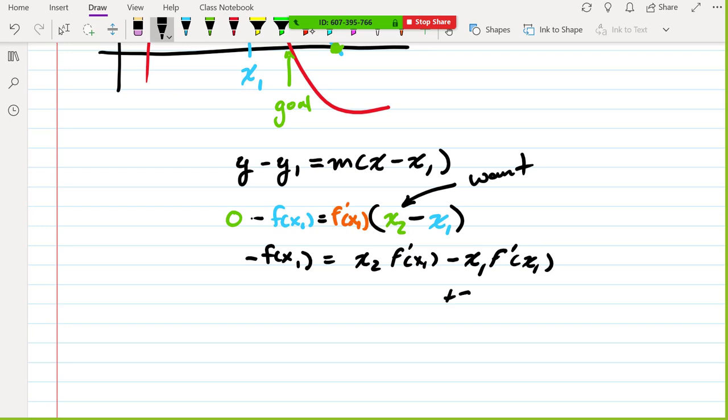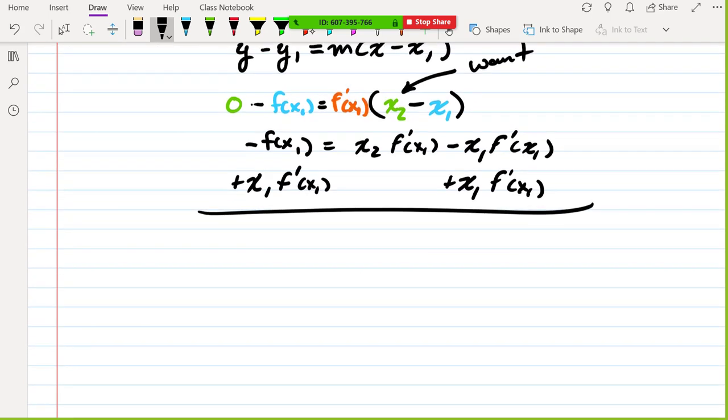And then we're going to add x1 f prime of x1 to both sides of our equation. So then that would give us x2 times f prime of x1 is equal to x1 f prime of x1 minus f of x1.